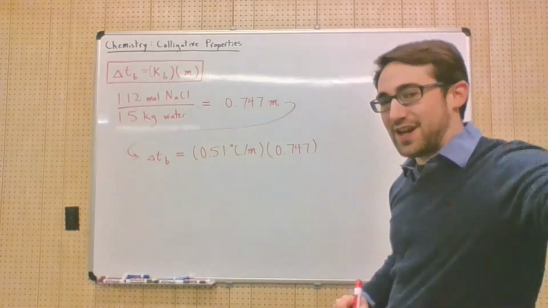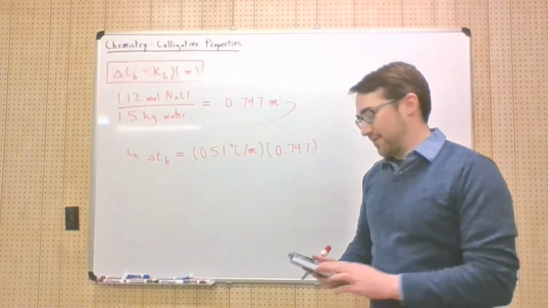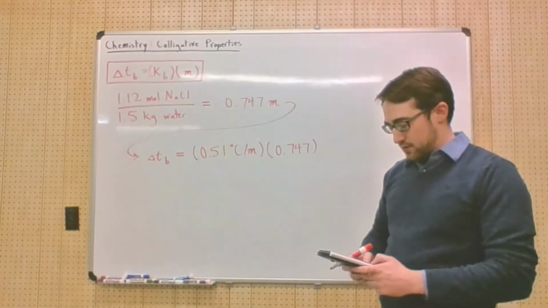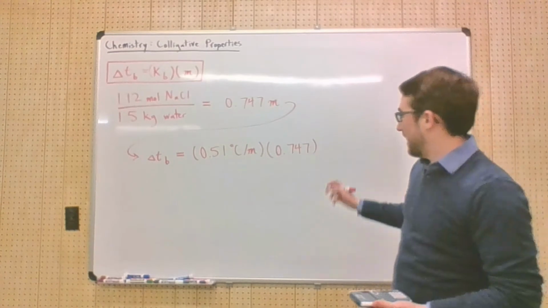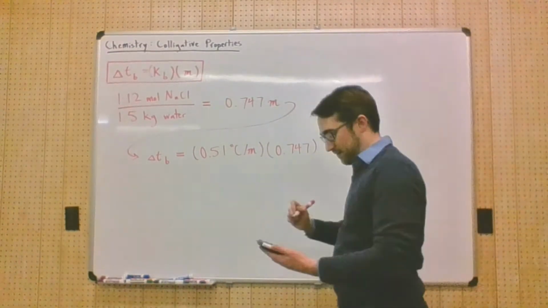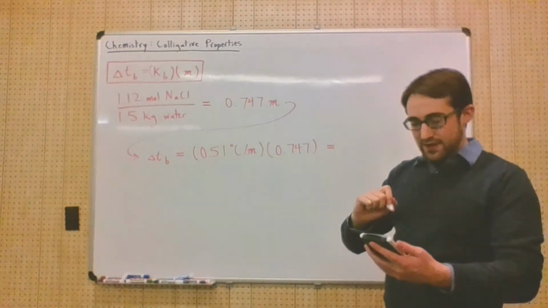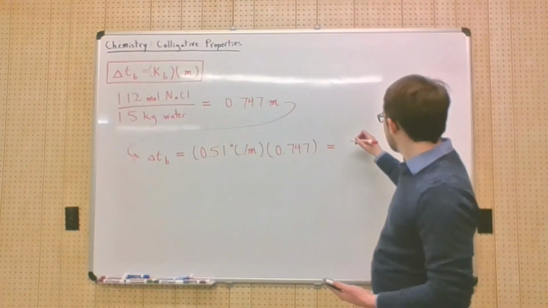Right. Get my calculator again. So 0.51 times my 0.747, I get about 0.381.